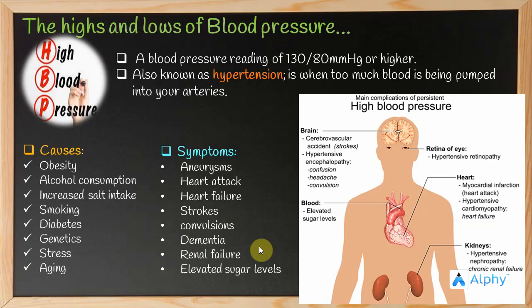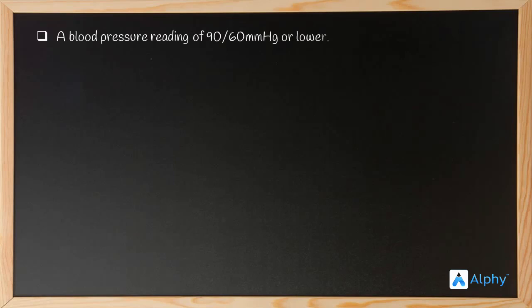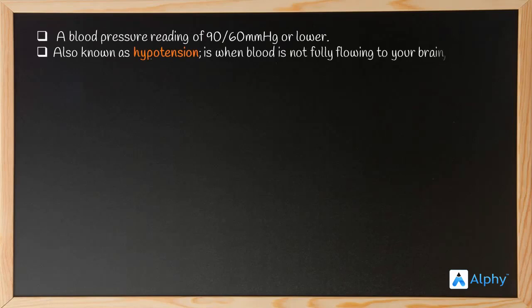Okay, next we have the low blood pressure, which is a blood pressure reading of 90 by 60 mmHg or lower. Okay, and it is also known as hypotension, and it occurs when blood is not fully flowing to your brain, arteries, and organs. So it's a condition where your blood is not reaching your organs properly.